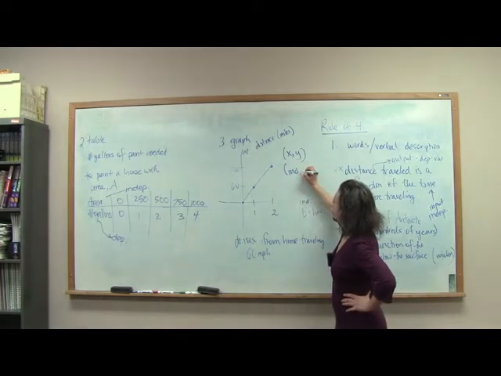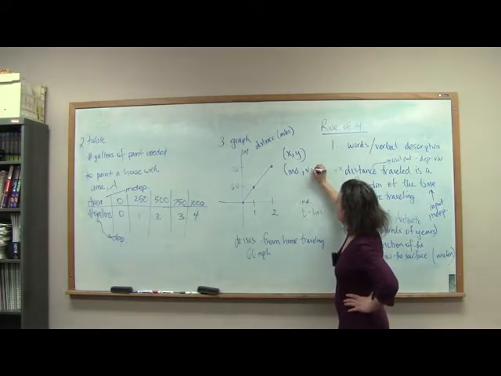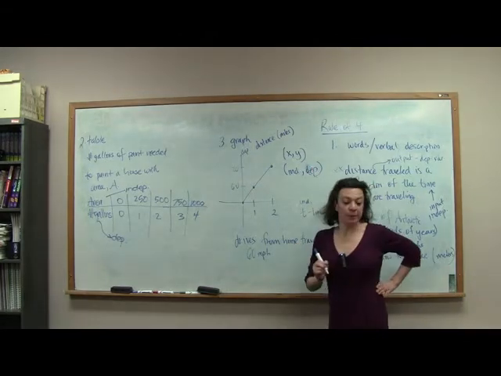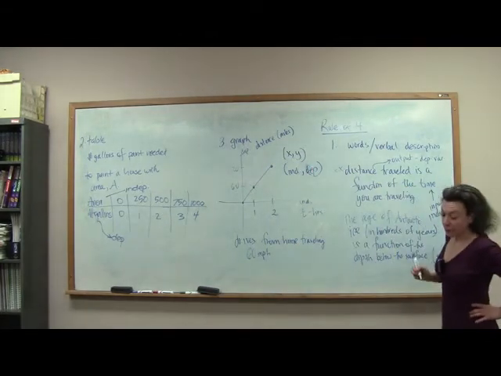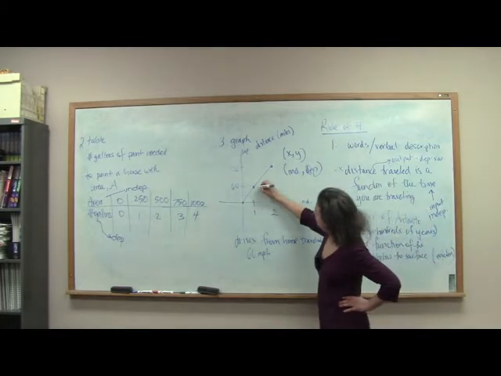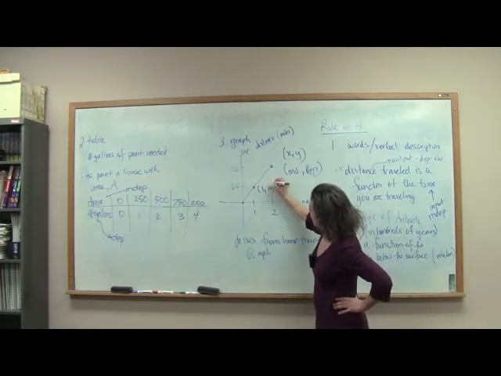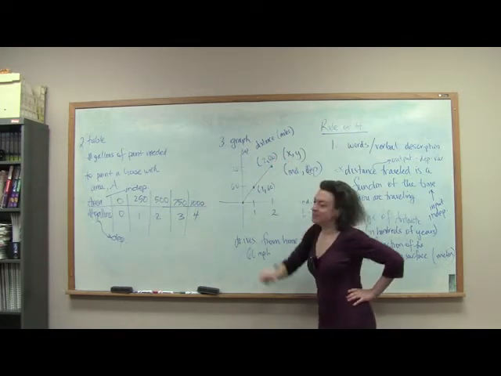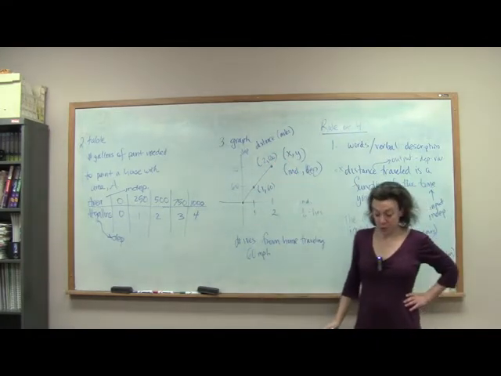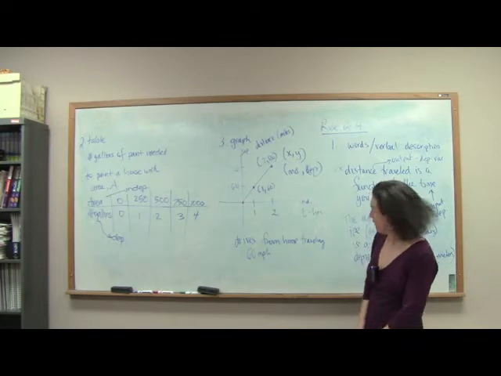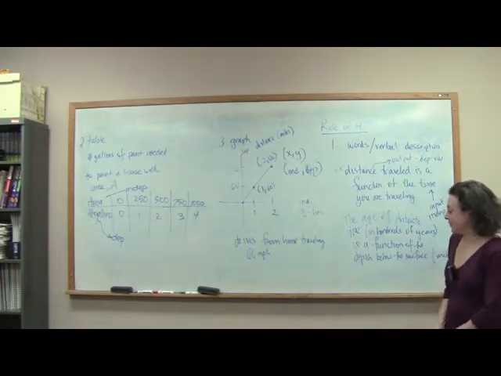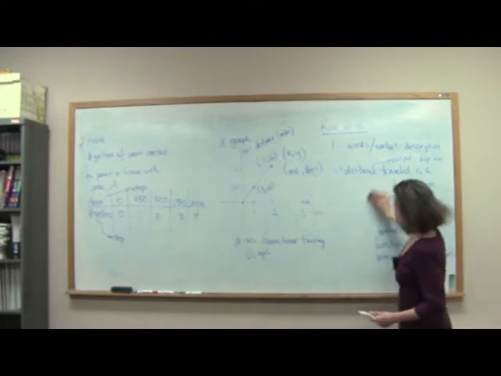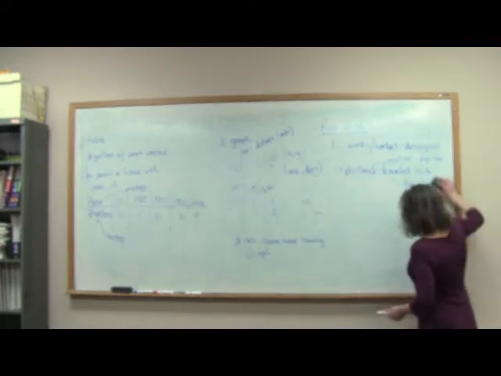In other words, it's your independent variable comma your dependent variable. So if I wanted to write each of these as ordered pairs, this guy would be 1 comma 60, and this one would be 2 comma 120. All right. We will be doing a lot of graphing, which is fun.